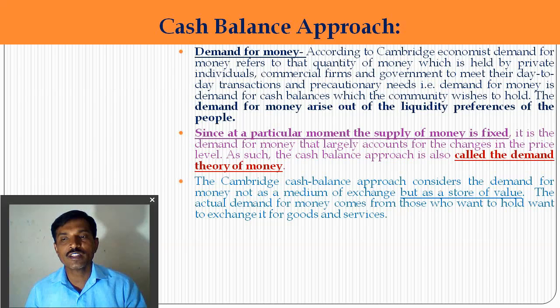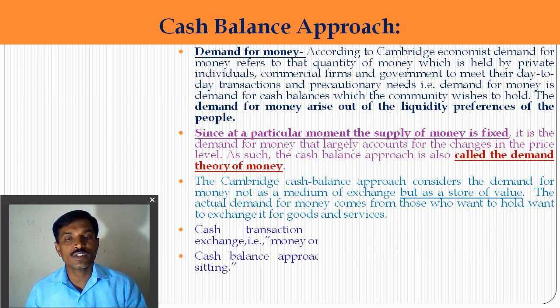The Cambridge cash balance approach considers the demand for money for the medium of exchange but also for the store of value purpose. So they consider the second function of money, store of value. The actual demand for money comes from those who want to exchange it for goods and services.